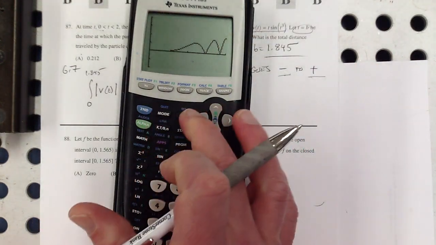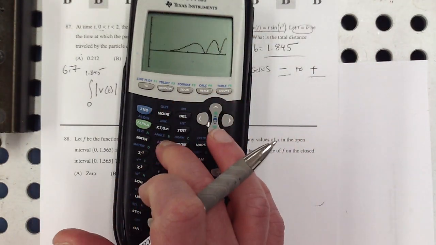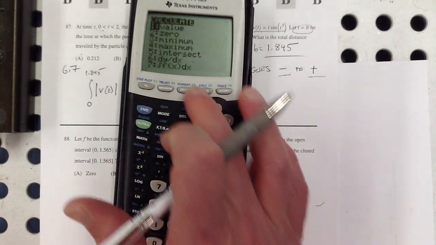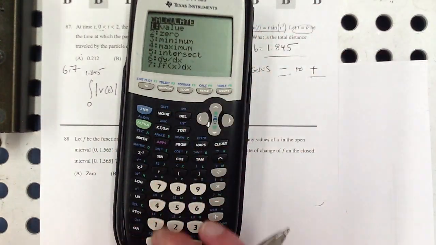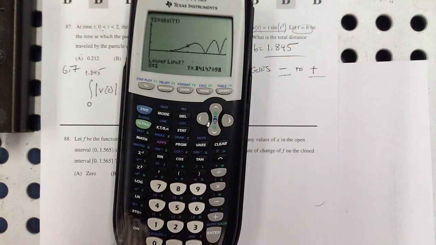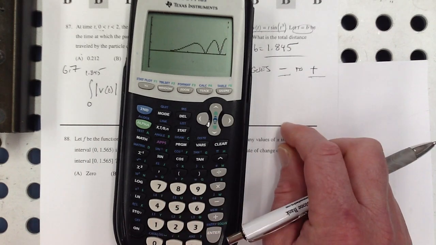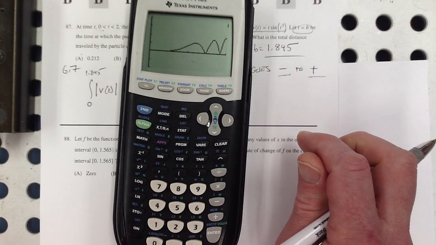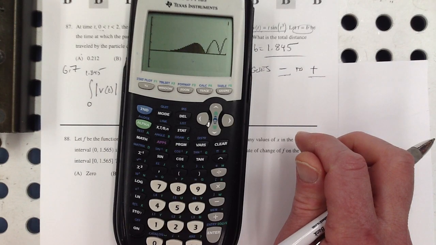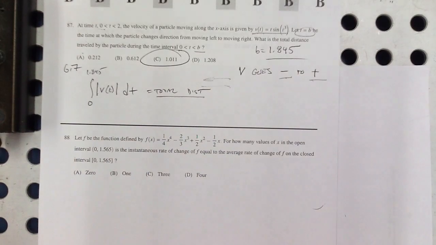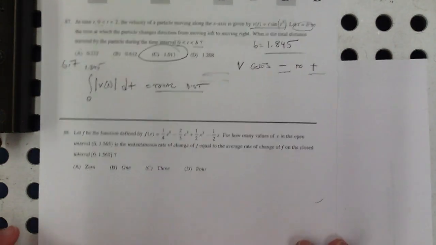And then if I want to do math, second calculate and find number 7, it's just another way to do it, from 0 to 1.845, and this way it actually shades it in, which is kind of fun. So there it is, same answer. All right, there's some options for you.